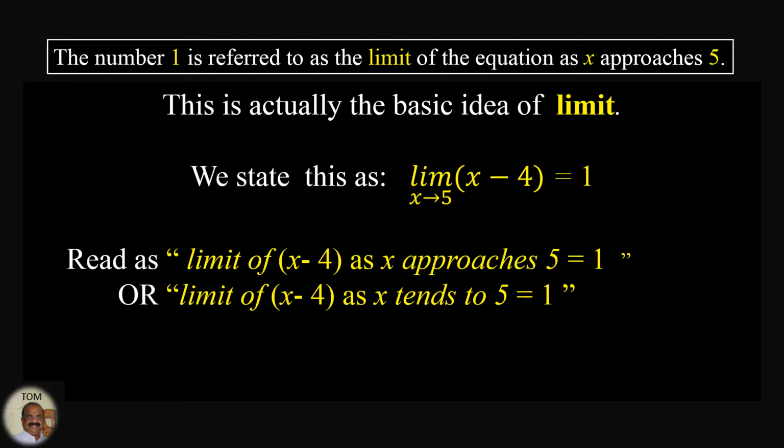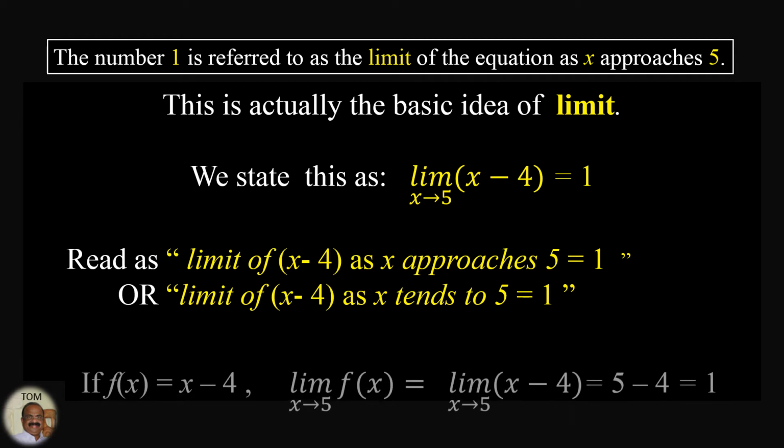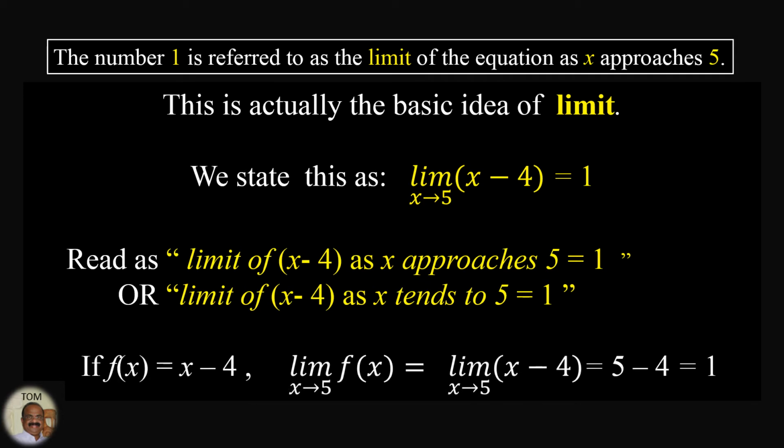Another way, limit of x minus 4 as x tends to 5 equal to 1. So if f(x) equal to x minus 4, we have limit of x minus 4 as x approaches 5. We substitute 5 for x. So we get 5 minus 4 equal to 1.